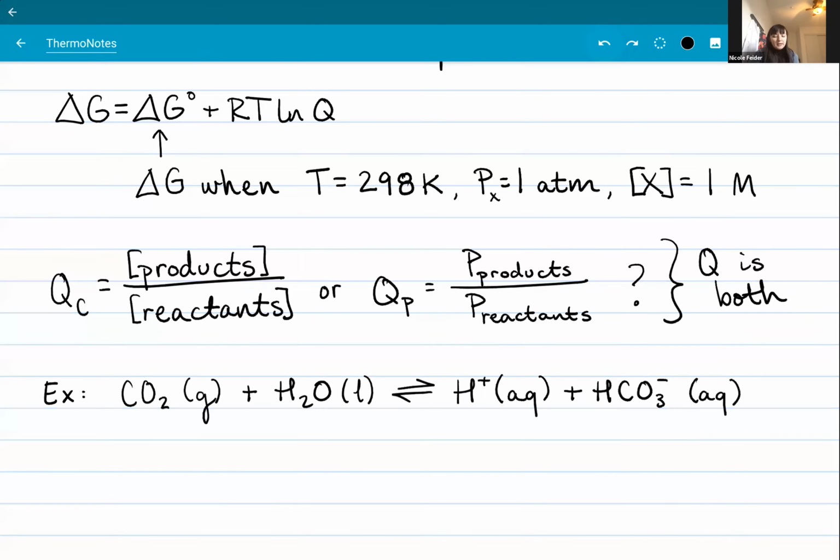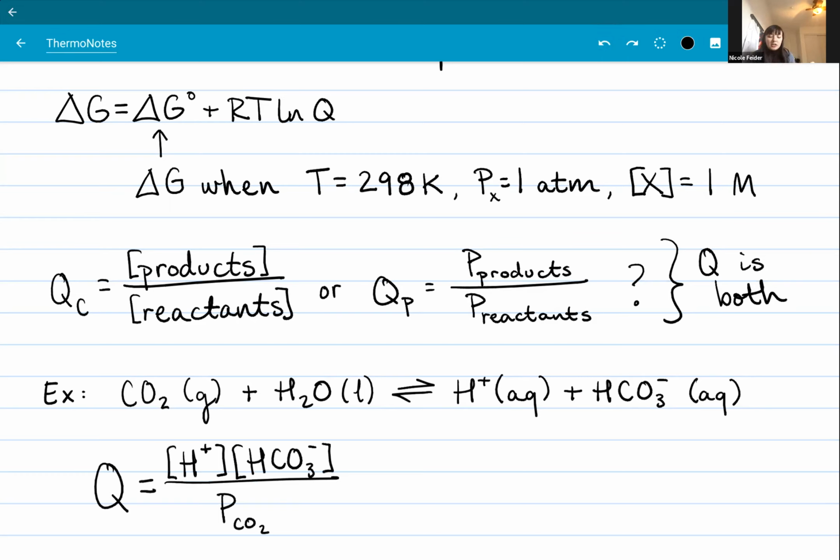So for example, in this reaction that I have drawn here, where we have CO2 gas mixing with liquid water to form aqueous H plus and aqueous HCO3 minus, the free energy reaction quotient for this reaction is drawn as such, where we have the concentrations of our aqueous products and the partial pressure of our gaseous reactant. This is because the delta G naught term is standardized to 1 molar for solutions and 1 atmosphere for gases.